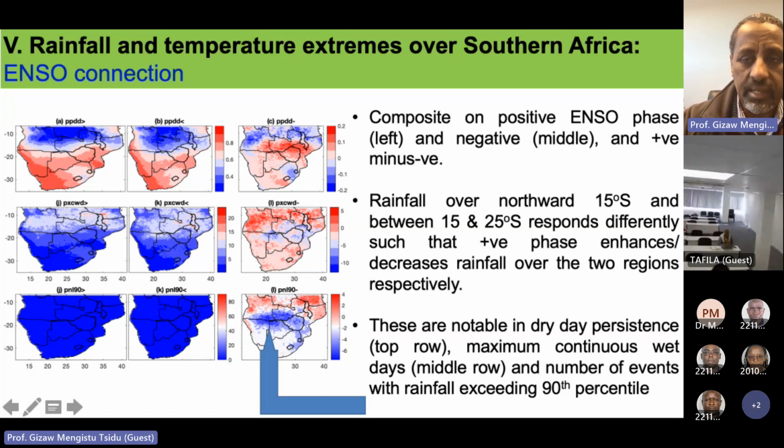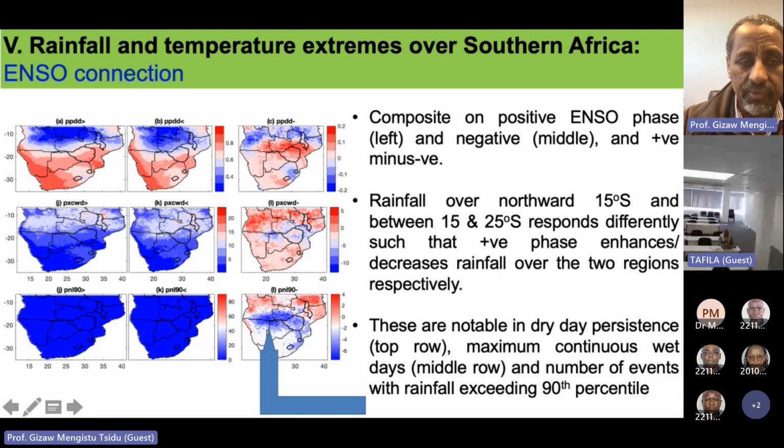And then if you take the difference between these two, if you subtract the La Nina composite from the El Nino composite, you get this one here. This is a difference, which is represented by the minus sign here. So clearly, the dry day persistence has a different effect during El Nino and La Nina.